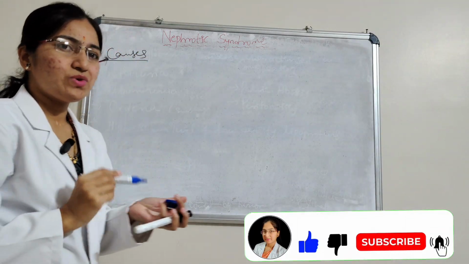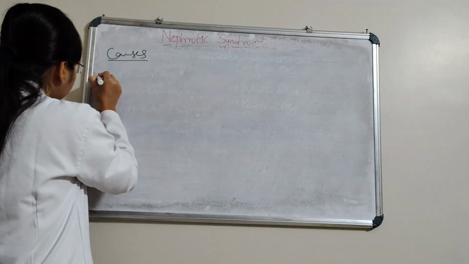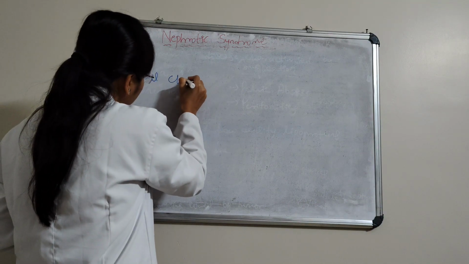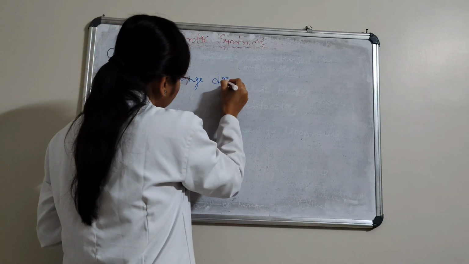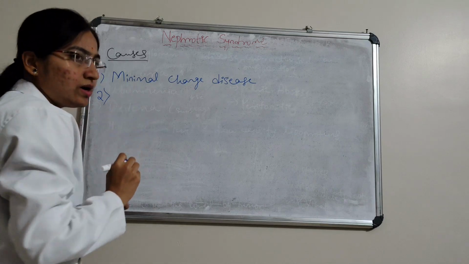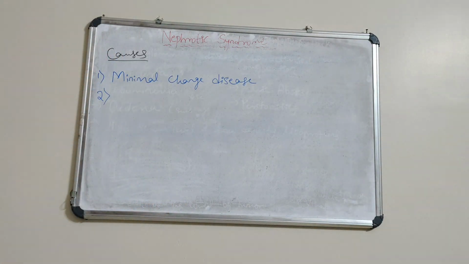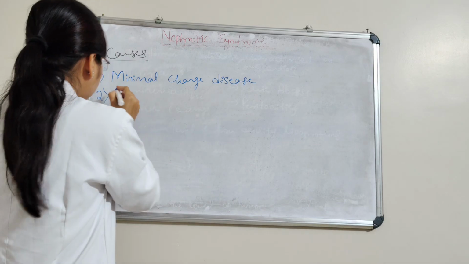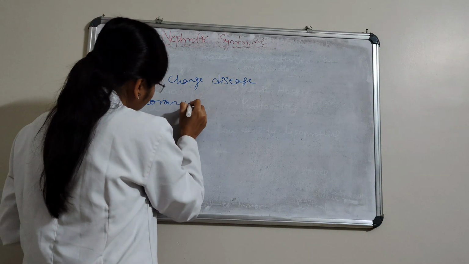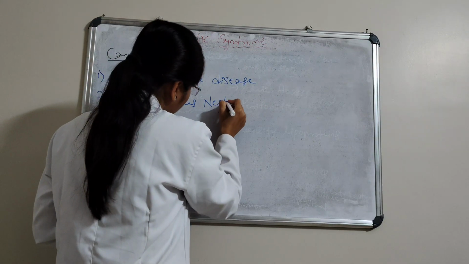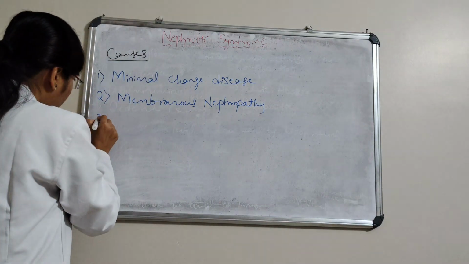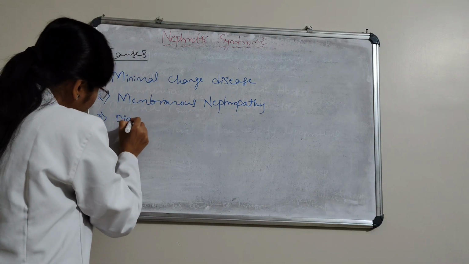Next we will see the causes for nephrotic syndrome. First one, minimal change disease. This is proteinuria, and then diabetic nephropathy or membranous nephropathy, and then diabetic kidney disease.